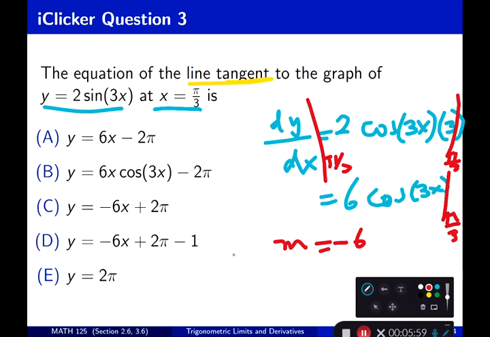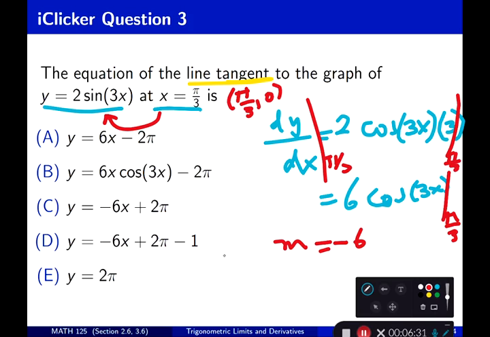How do I find the tangent line itself? You need a point on the graph. So x equal to pi third is the x value for that point. Plug it back into here, and the y value for the point is going to be 0. So you're using the point pi third and 0.